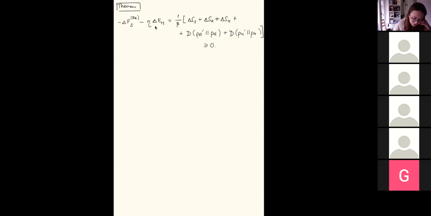Okay, and to prove this, just use a hint, which I already spelled out in saying that mutual information between systems is always non-negative. The mutual information that you'll have to look at in this case is the mutual information between three systems, S, R, and H, in the final state, which is defined as the sum of their individual entropies minus the entropy of the joint state.